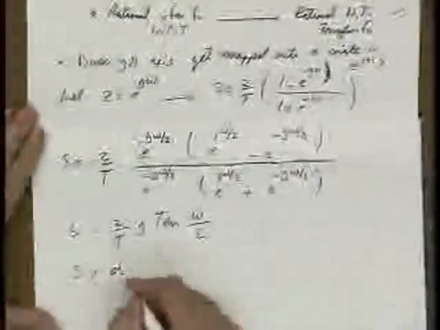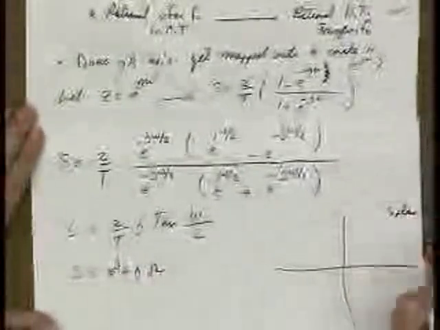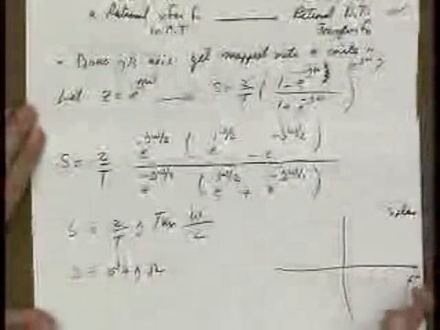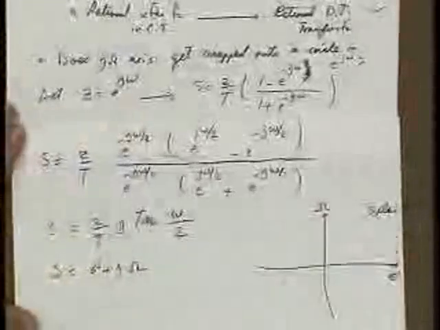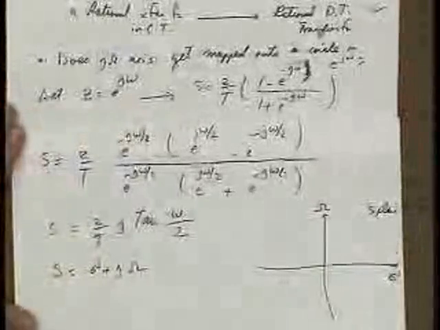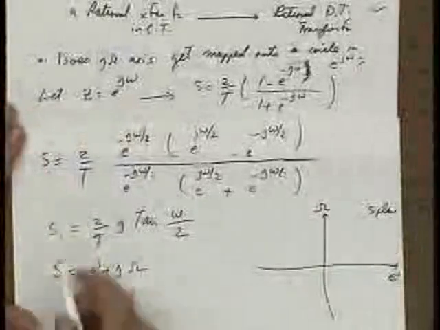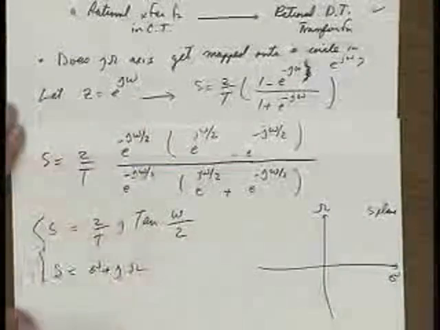So what can I say about that? Well, s is equal to sigma plus j omega. This is our s-plane, right? That you're used to in Laplace transforms and other things. So putting all these things together, what can I say?